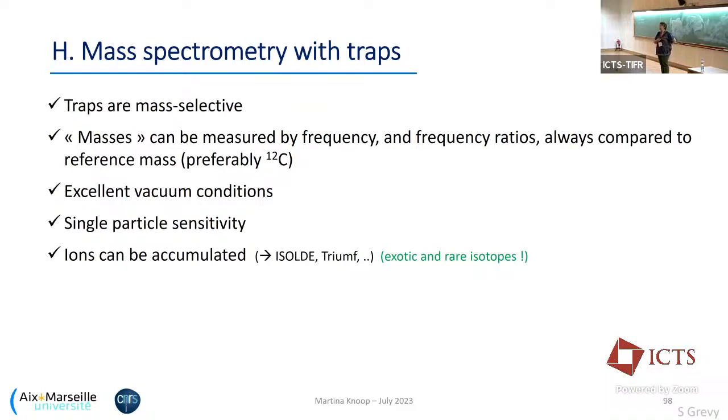As we can accumulate individual ions, if you have a production rate of an ion per minute, you can just accumulate for 100 minutes and use that as a reservoir and also measure very rare and exotic isotopes.